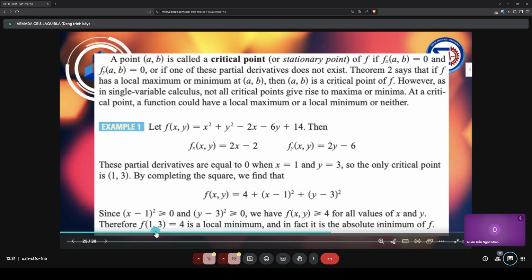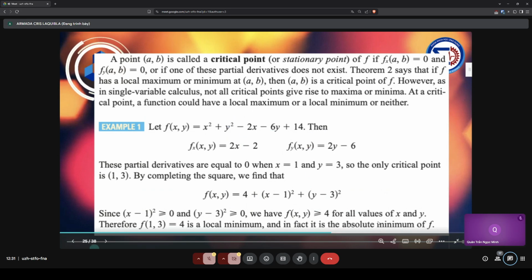Now, since (x minus 1) squared is greater than or equal to 0, and (y minus 3) squared, when you square it, is always positive or 0, we get the minimum value by making each of them 0. So your f of (x, y) is greater than or equal to 4 for all values of x and y.